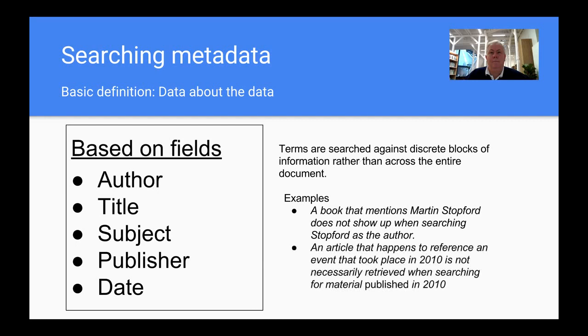Another example, you've got an article that happens to reference an event that took place in 2010. You're not interested in anything that took place in 2010 particularly. You're looking for a book that was published in 2010. And of course, by using the date field of the publication, you're going to save yourself a lot of time, because that 2010 in a full text document could appear in millions of titles, right?